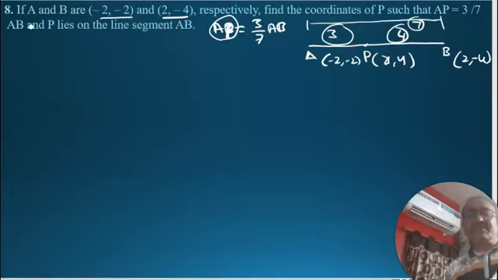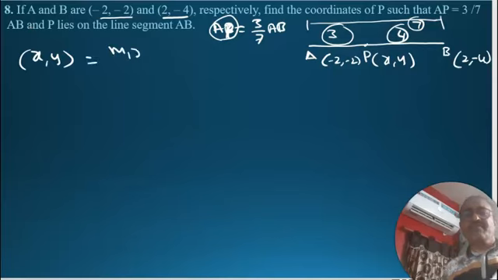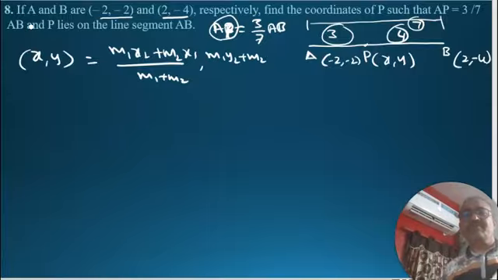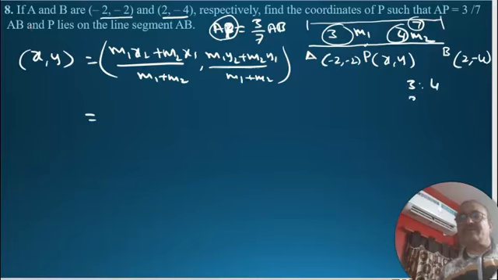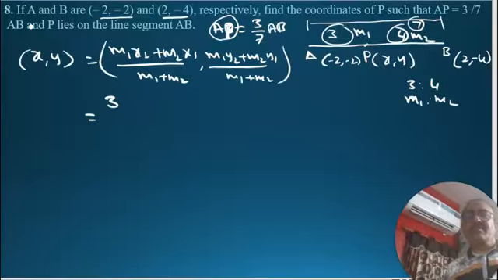We know that according to the section formula, (x, y) is equal to (m1 x2 plus m2 x1) by (m1 plus m2), comma, (m1 y2 plus m2 y1) by (m1 plus m2). Now 3:4 is m1:m2.